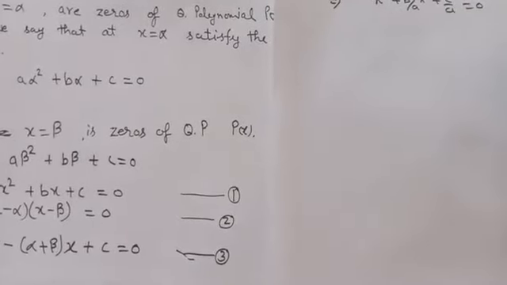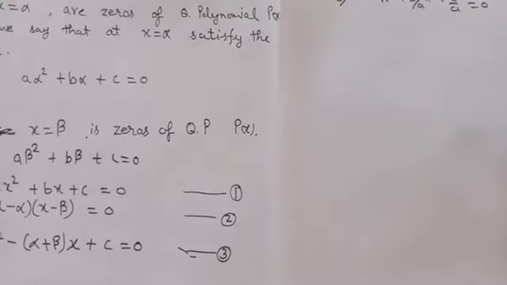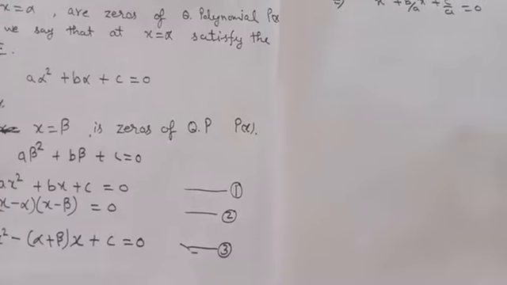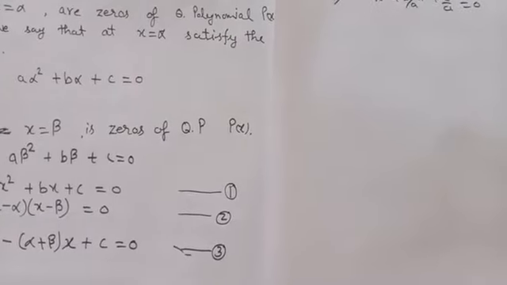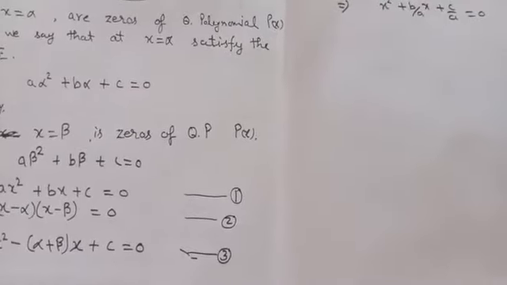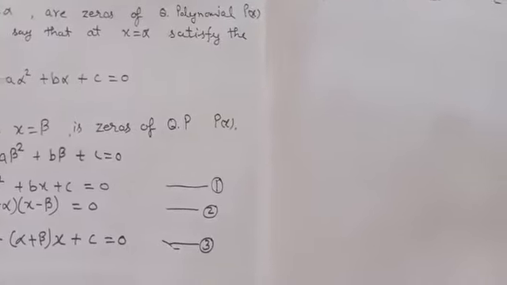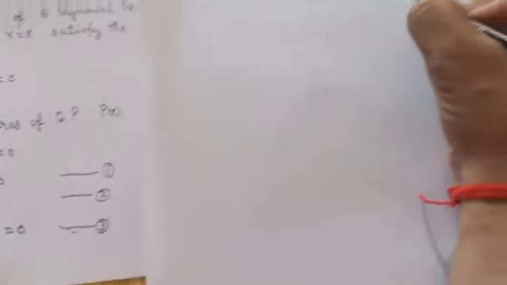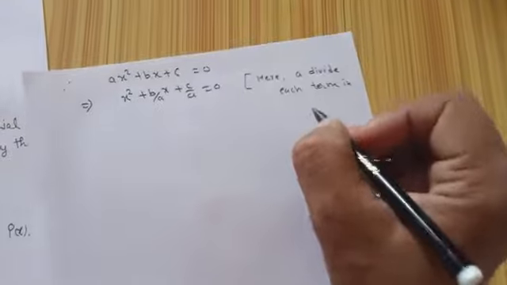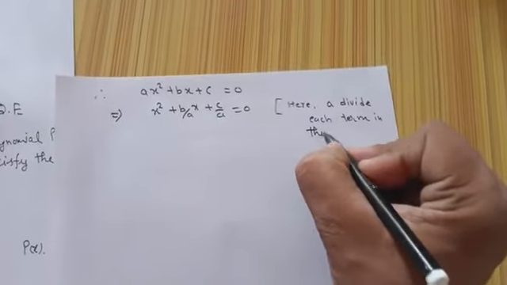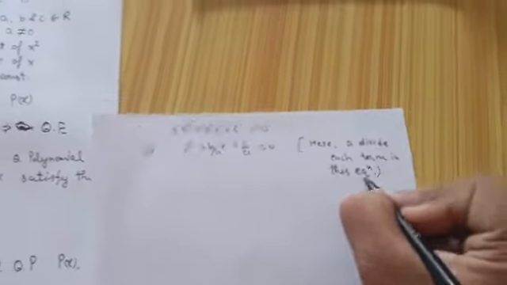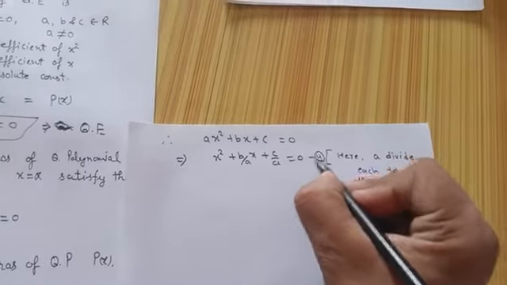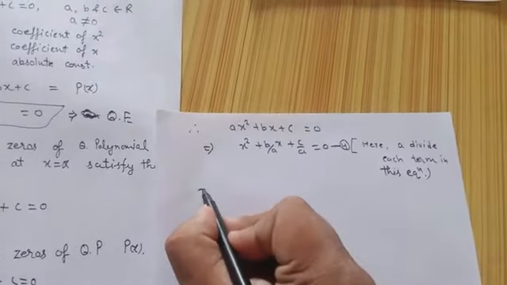That means here we divide by a in each term in this equation. Equation number 4.